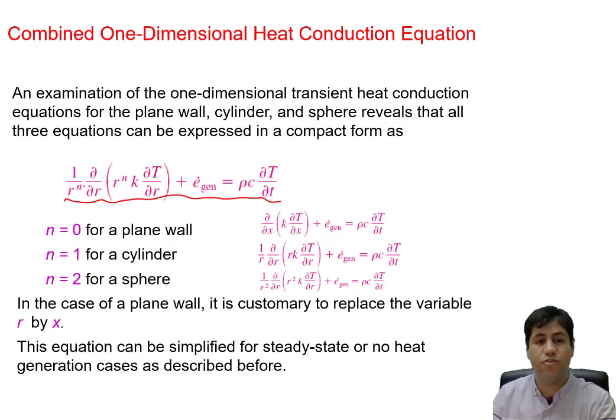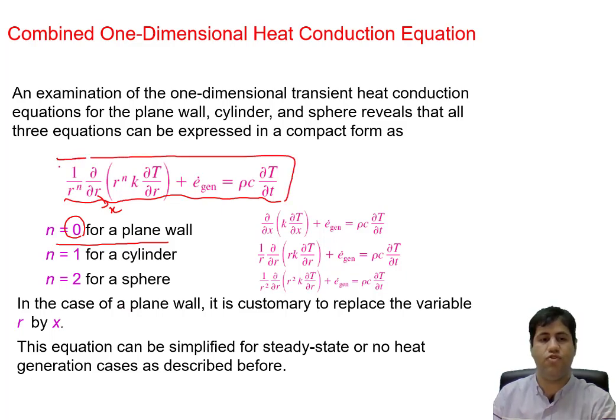If we put n equal to 2, we will reach the heat conduction equation for a sphere in a spherical coordinate system. When we use n equal to 0, we need to substitute r equal to x, because it is in a rectangular coordinate system.